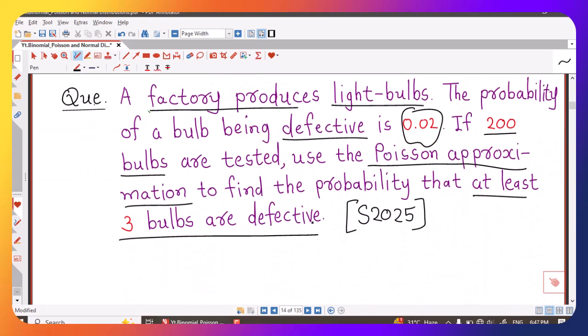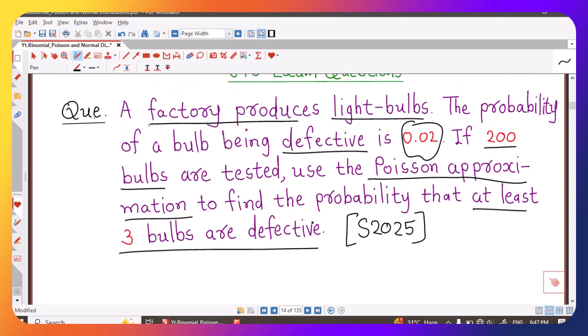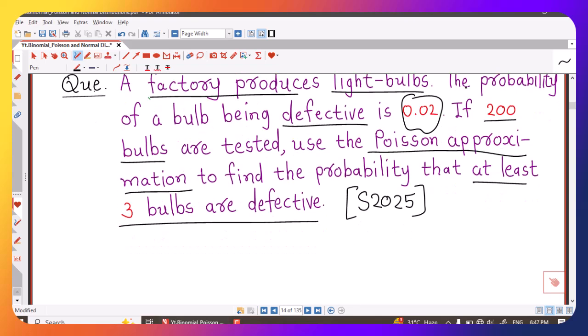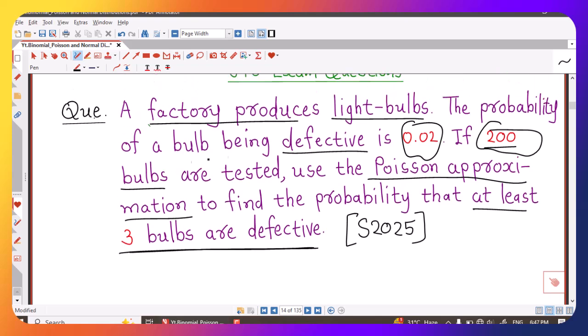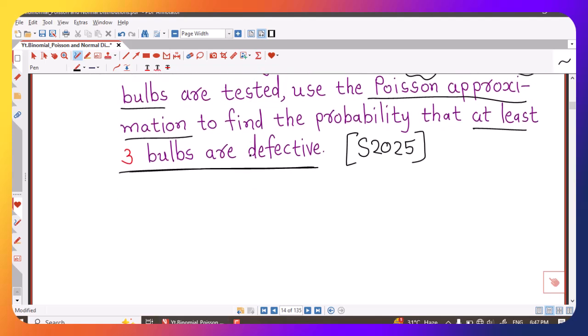So here they are talking about 200 bulbs. They are testing 200 bulbs and they are testing for defectiveness. Every bulb is either defective or not defective, and they have asked to find the probability that at least 3 bulbs are defective, and they have also given that the probability of a bulb being defective is 0.02.